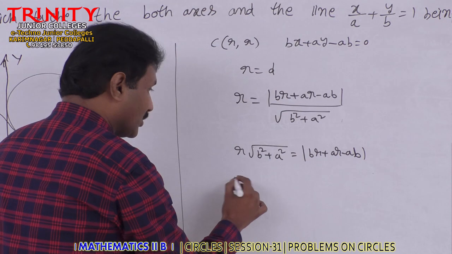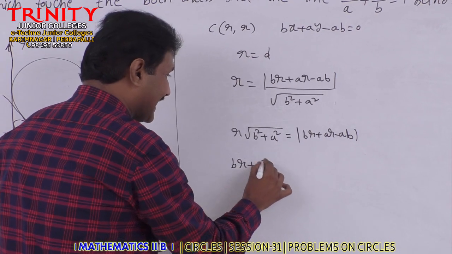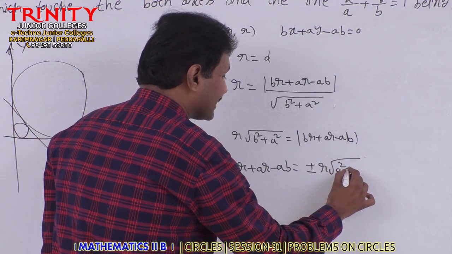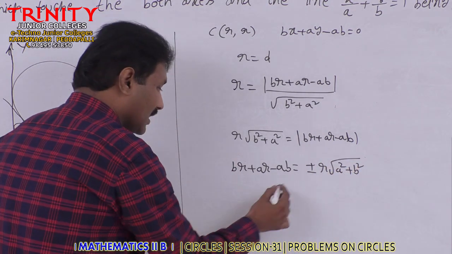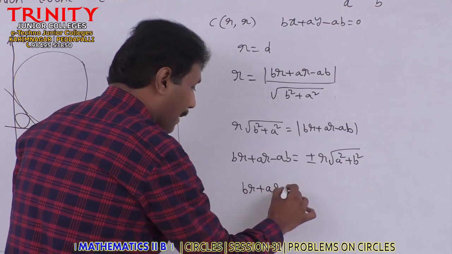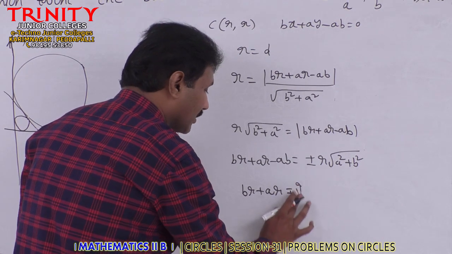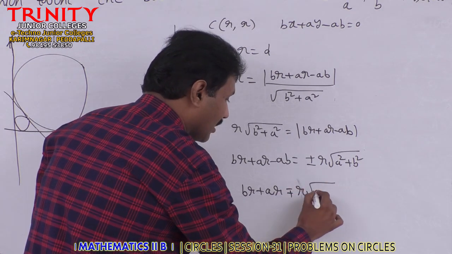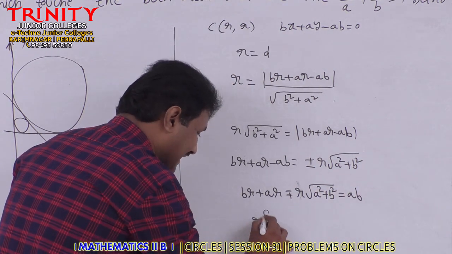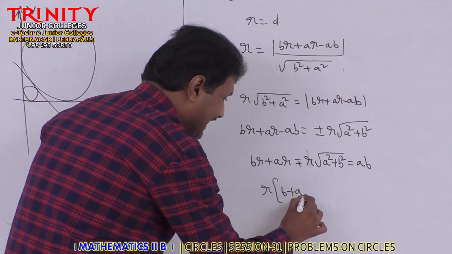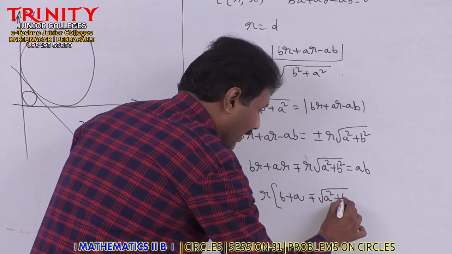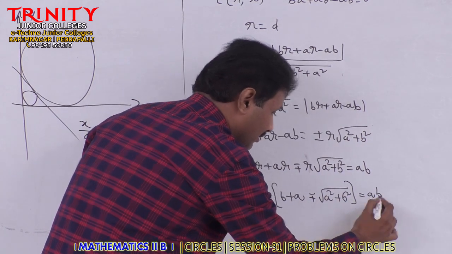Removing the modulus, br + ar − ab = ±r√(a² + b²). Keeping the r terms on the same side, ar + br ∓ r√(a² + b²) = ab. Taking r common, r(a + b ± √(a² + b²)) = ab.